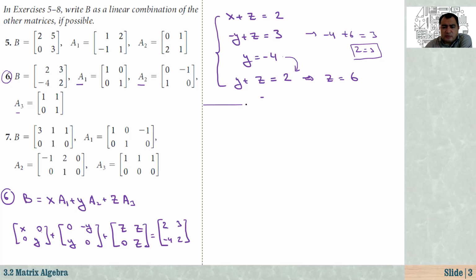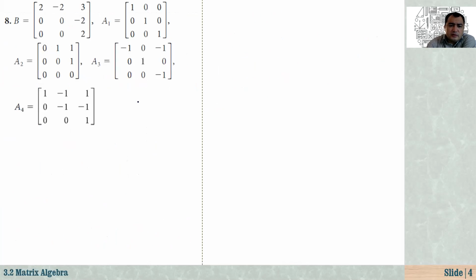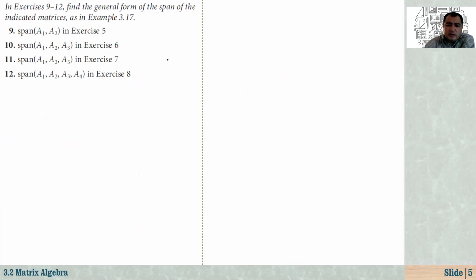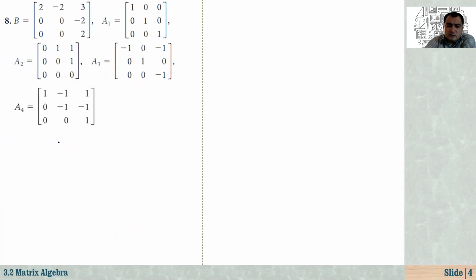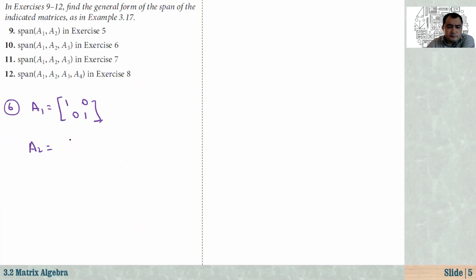In question 6, A1 is the identity matrix, 1 0 0 1, and A2 is 0 minus 1, 1 0.